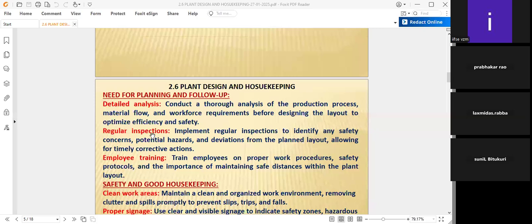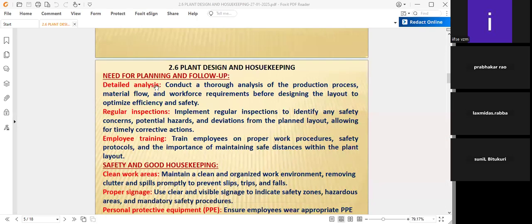Suddenly, during a brainstorming session or meetings, after 15 days, somebody may give a good suggestion better than the previously approved design: 'Sir, some changes are required.' Then we can convince the management and revise the plant layout. That is why the need for planning and follow-up is continuous. Look after it.